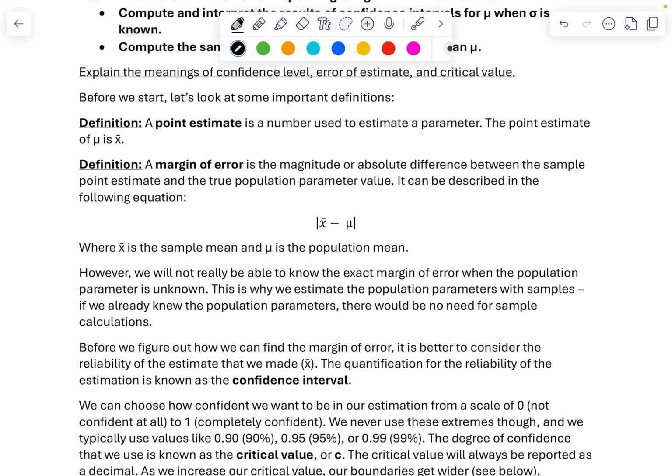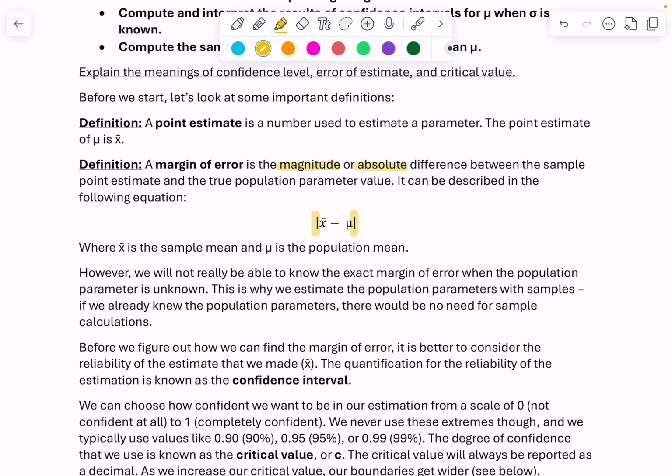So if we're thinking about the previous definition of point estimate, we're going to be looking at the margin of error as the difference between the sample mean and the population mean. And I really want to point out this word absolute here, or magnitude. We see that in these vertical brackets here.